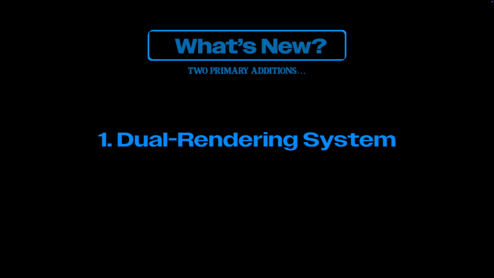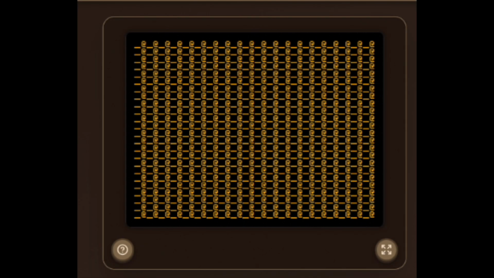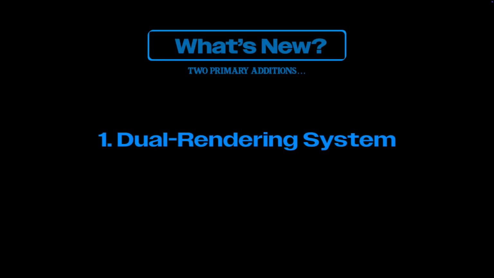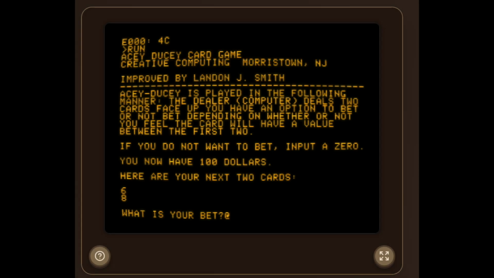However, to give a quick rundown in a nutshell, it is essentially the combination of the original terminal-based rendering system, which just takes text and puts it directly into a character grid on the emulated screen, and a new shader that I've developed, which uses WebGL technology to emulate the look of a CRT television.